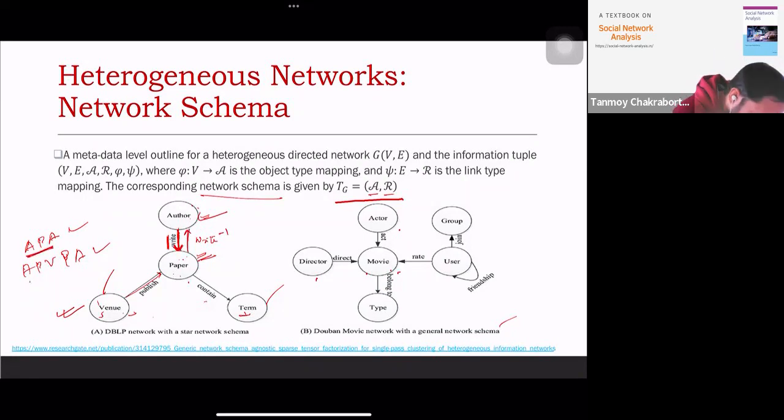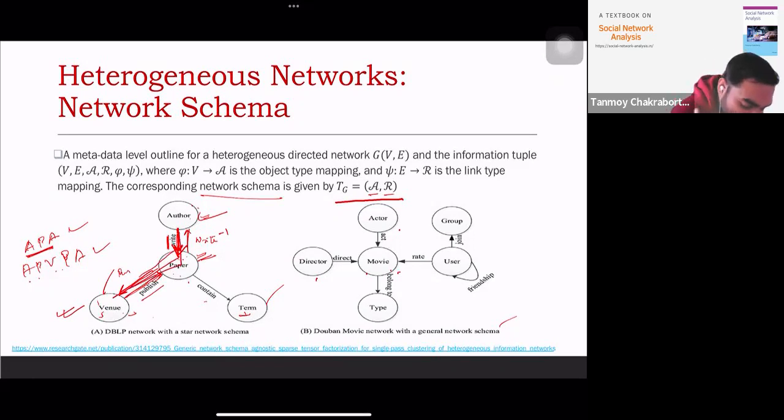Now look at APVPA. A to P to V, because if this exists, the reverse also exists, if this is "published by". So A P V P A, this is possible.